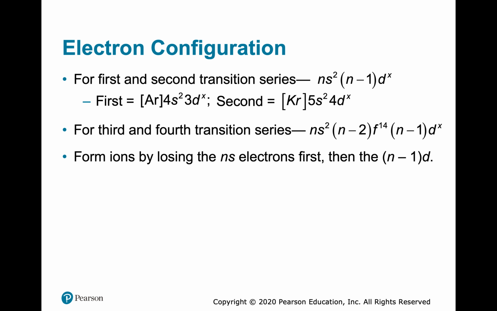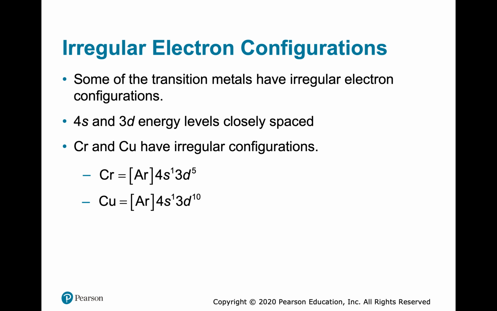There are some exceptions to this: chromium and copper. It's very common for the s orbital electrons to jump in to give a complete d shell. In the case of chromium, it goes to single electrons in the d orbitals, and of course copper goes to the full d shell.